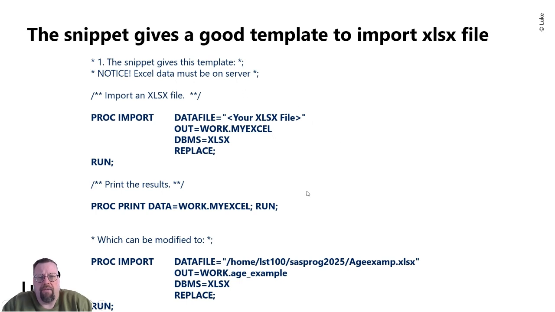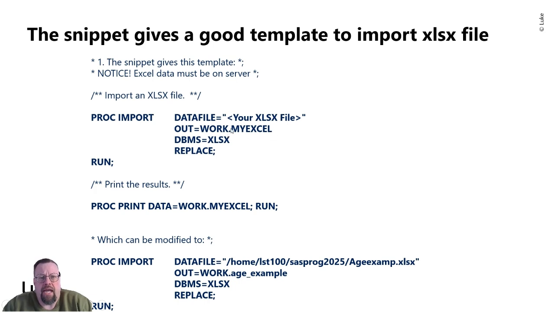It's giving a code for proc import, where you have a datafile option where you specify the location and name of the xlsx file. There is the out option where you indicate where you want to save the resulting SAS dataset using a library reference, which is work here.